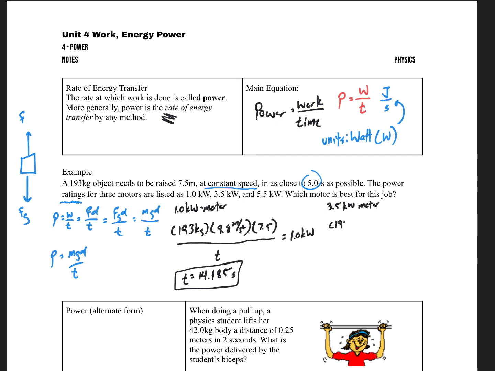We use the same setup: 193, 9.8, 7.5. The time is unknown, and I'm using 3.5 kilowatts or 3,500 watts. And when I crunch the numbers, I get a t of about 4.053 seconds, or about 4.